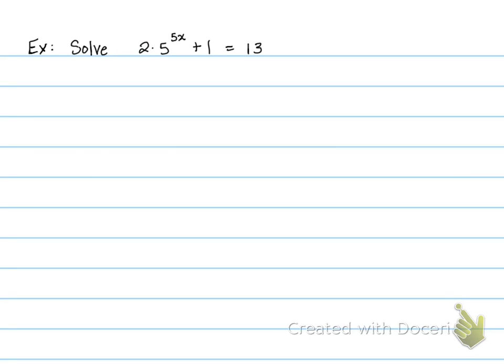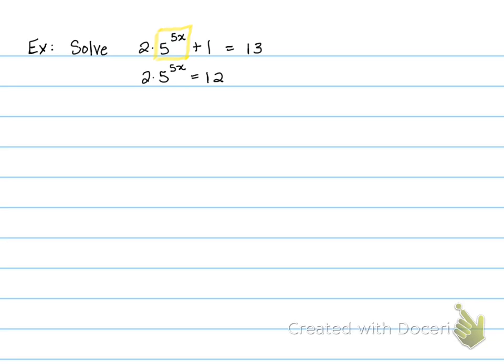So the first step, remember, is to isolate one exponential expression on one side of the equation. In this case, there's only one exponential expression in the equation. It is right here, which means I need to subtract the 1 and divide by the 2 in order to isolate it. So we have 2 times 5 to the 5x equals 12.